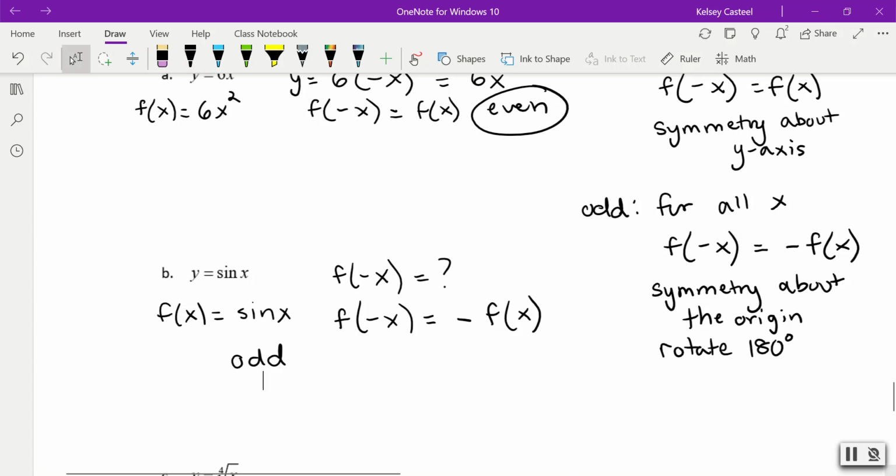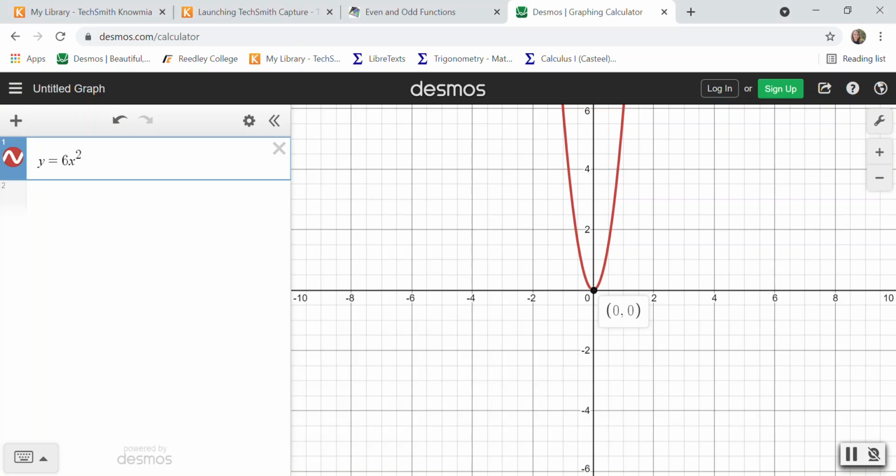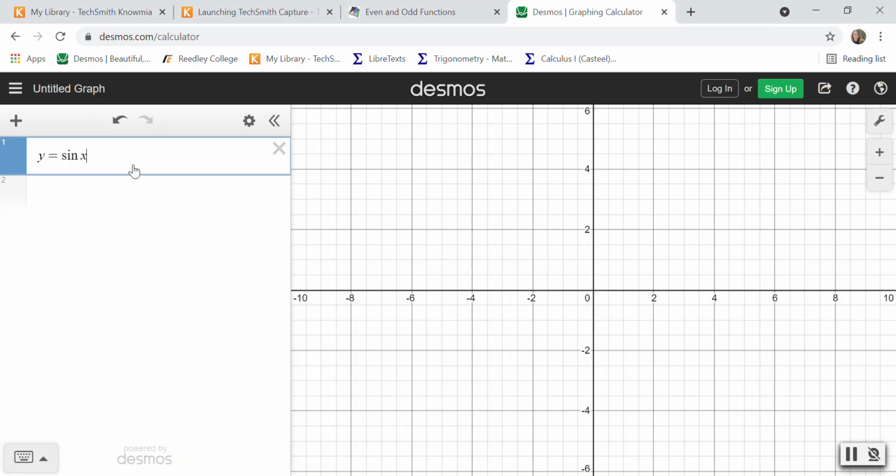Let's verify with the graph of sine of x that it is indeed odd. So again, if you imagine taking the curve and rotating it 180 degrees, the right-hand section, so think about starting at (0, 0), the right-hand section would end up perfectly on the left, and the left section would end up falling perfectly on the right.